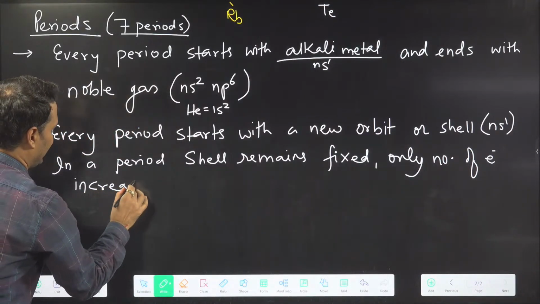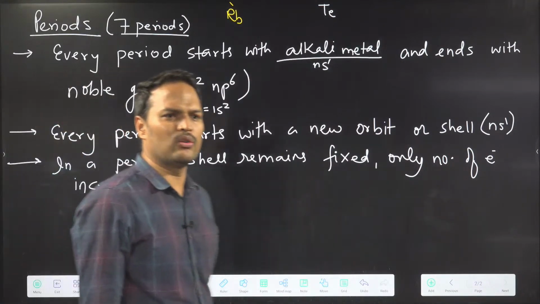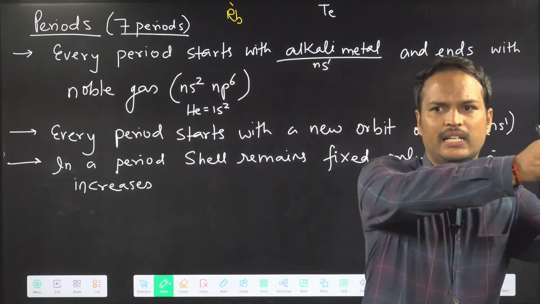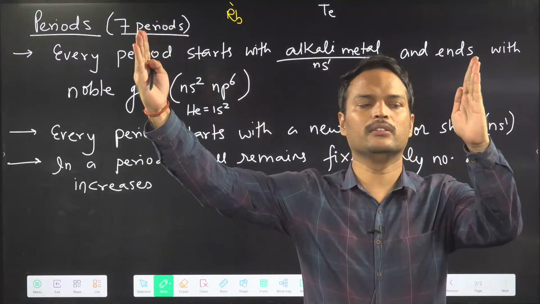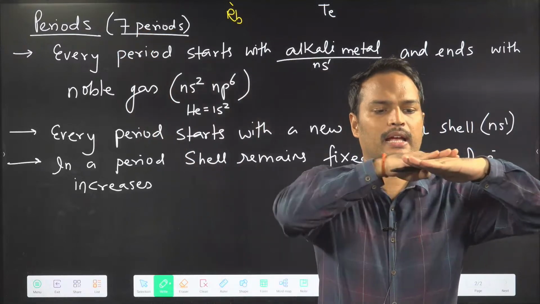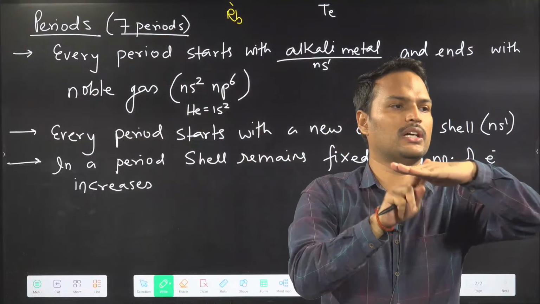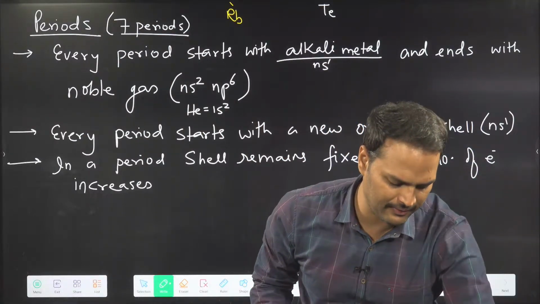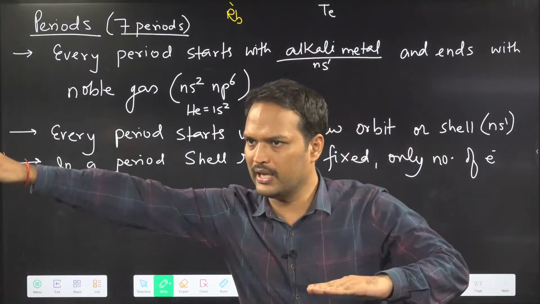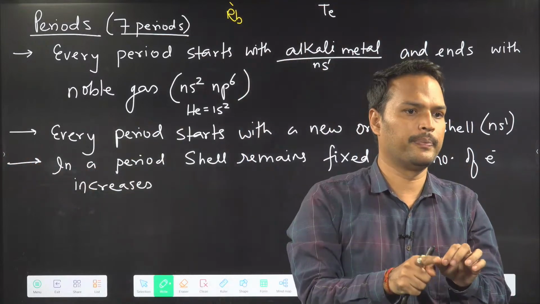Can you see this point? Everyone knows this point. First, you start from alkali metal and finish at noble gas. Then, every period starts with a new shell: 2s1, 3s1, 4s1, 5s1. So in every period, we start with a new shell.